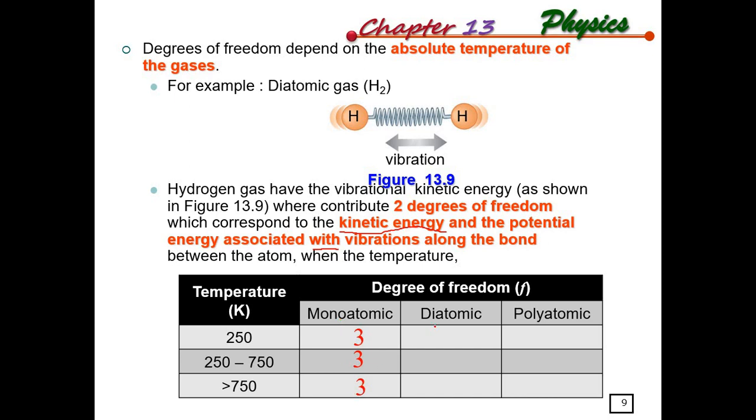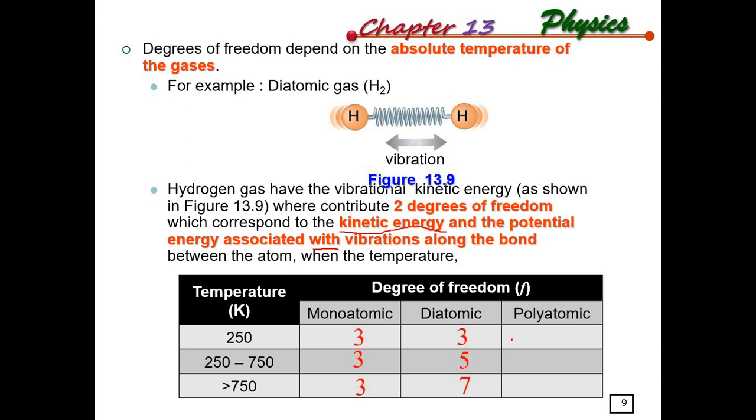But for the diatomic gas, at 250 Kelvin it has 3 degrees of freedom, from 250 to 750 Kelvin it has 5 degrees of freedom, and above 750 Kelvin it has 7 degrees of freedom.